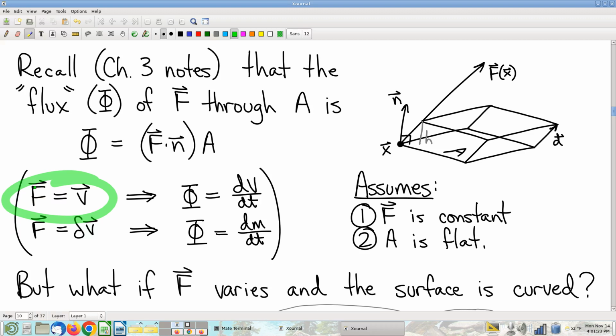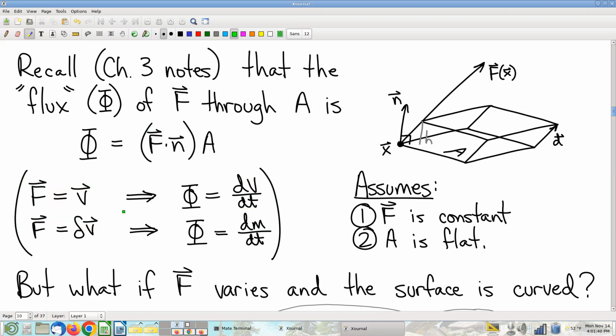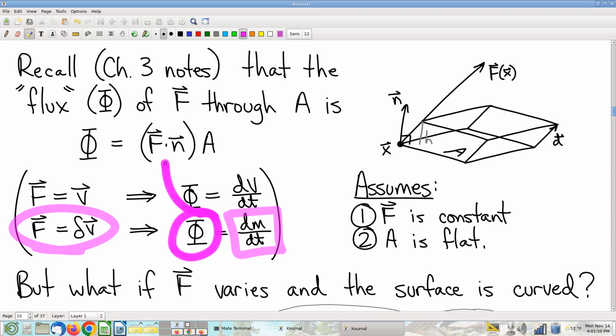Then how would I compute the volume per unit time that's flowing through a given flat piece of surface? And the answer was this expression, that we then gave a name and a notation, and we call it flux. Then I asked a different question: what would happen if you multiplied density times volume? And the conclusion was that dm dt is computed by this same formula.